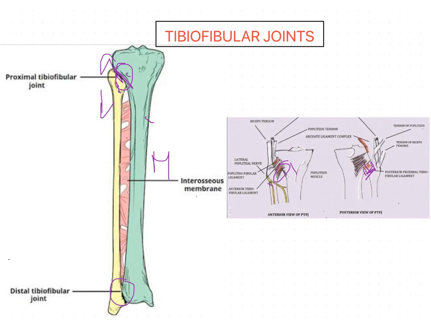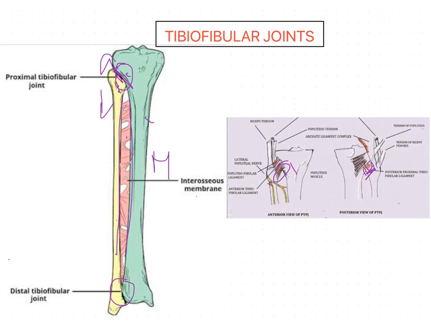The type is fibrous joint. The articulating ends are the shafts of the tibia and fibula. If you see the ligaments, actually it is the crural interosseous membrane.